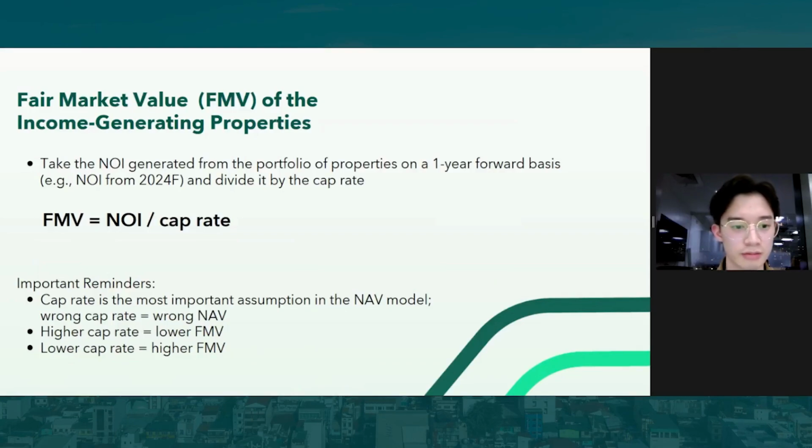We want to use the most accurate measure to get the value of a property now. Another important thing to remember is that the higher the cap rate, the lower the fair market value, and the lower the cap rate, the higher the fair market value of its income generating properties.